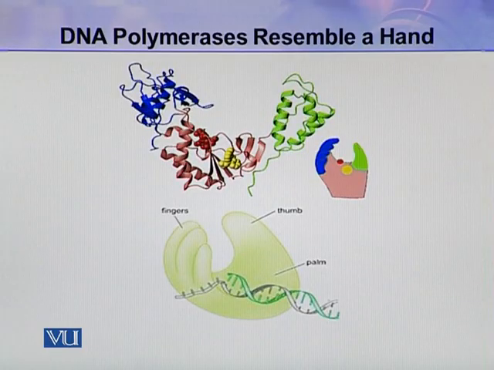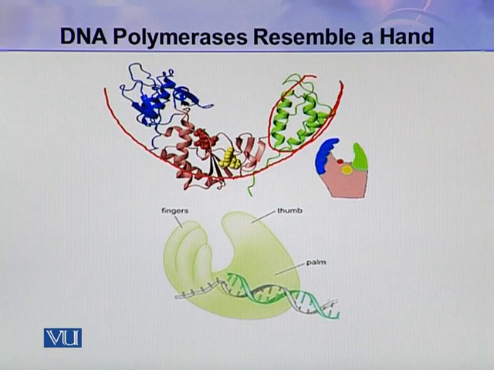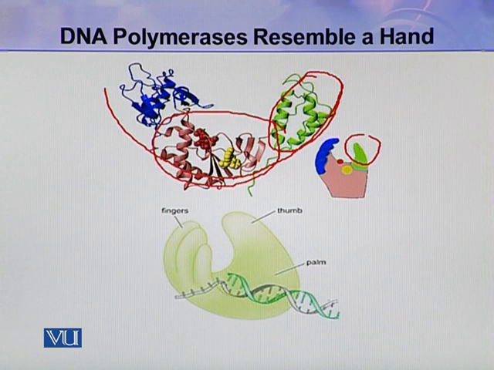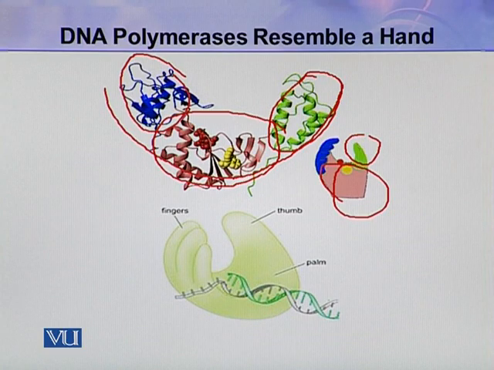Here in this diagram, you can see the three-dimensional structure of DNA polymerase. It has three domains. One domain resembles the thumb. The other domain is this domain, which resembles the palm, and the third domain is this domain, which resembles the fingers.